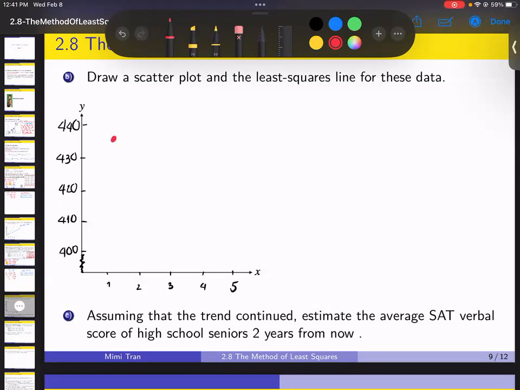Right there. 2 and 438, slightly higher. 3 and 428, go down. 4 and 430. 5 and 426.